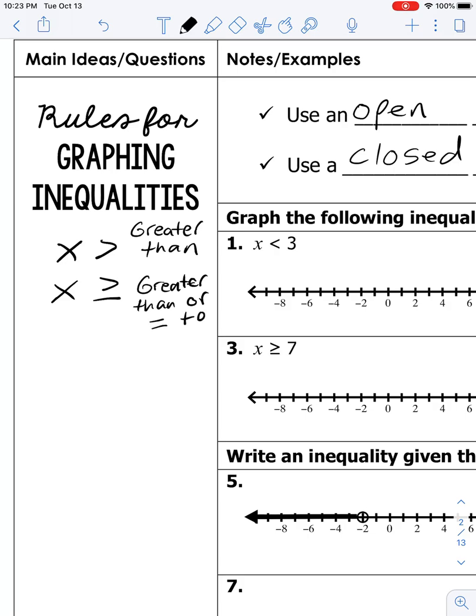When the big mouth is facing the X, it doesn't matter which way, meaning it could also look like this. When the big mouth is facing the X, you're always going to shade to the right. Always, no matter what.